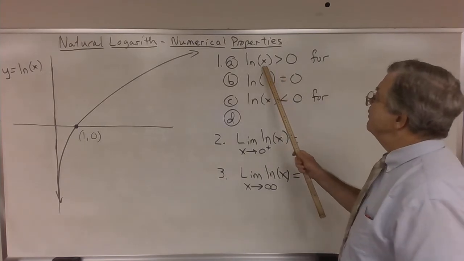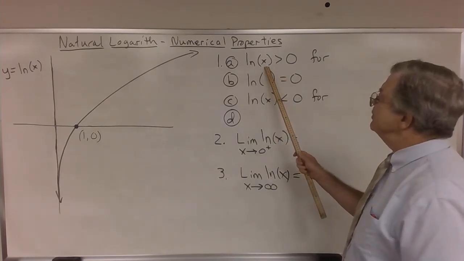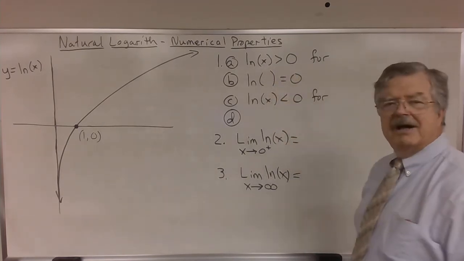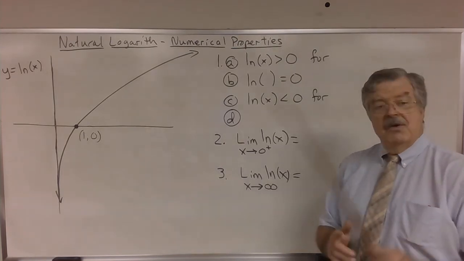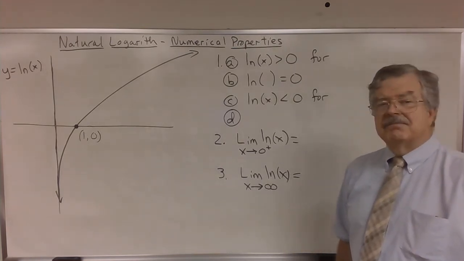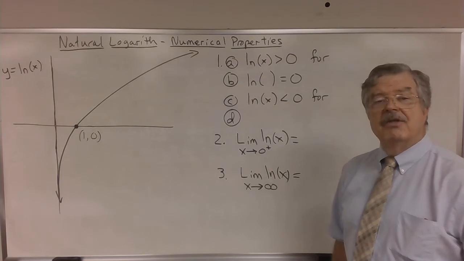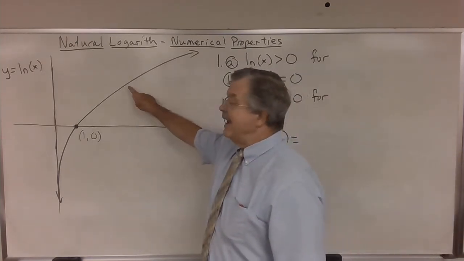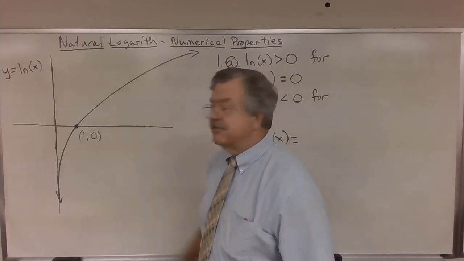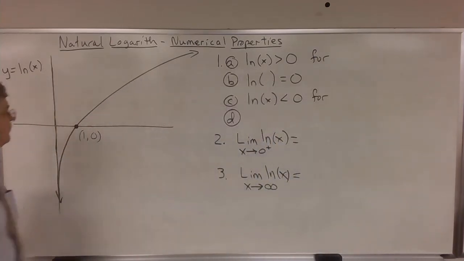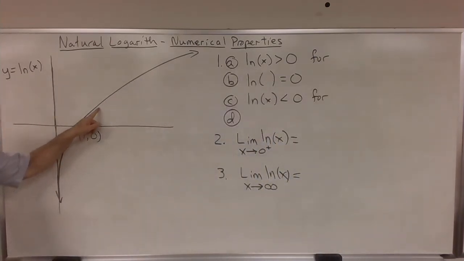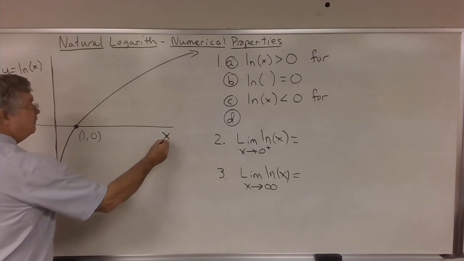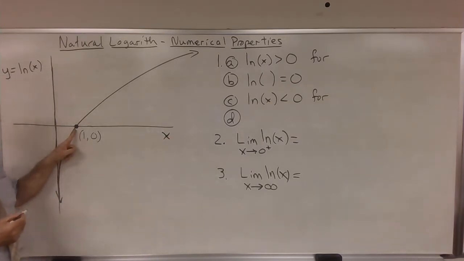First of all, for what values of x is the natural log of x positive? Well, from recent lectures, we know that when a function's positive, its graph lies above the x-axis. And here, the graph of the natural logarithm function lies above the x-axis for all values of x that are to the right of this point.